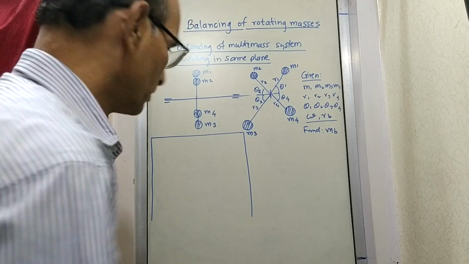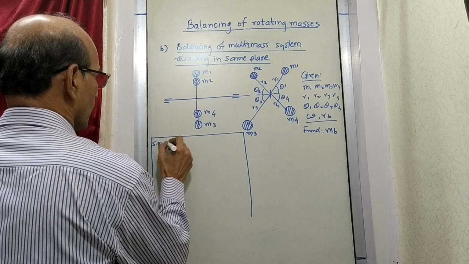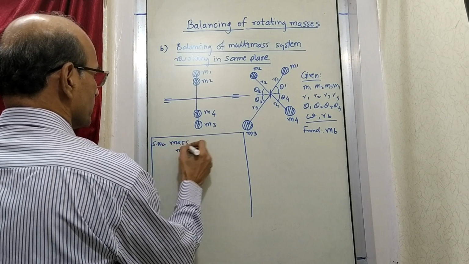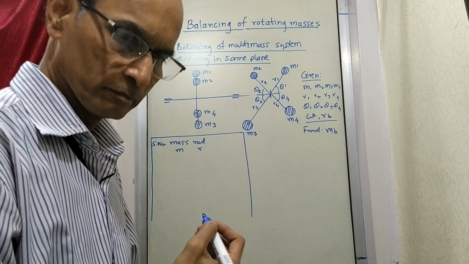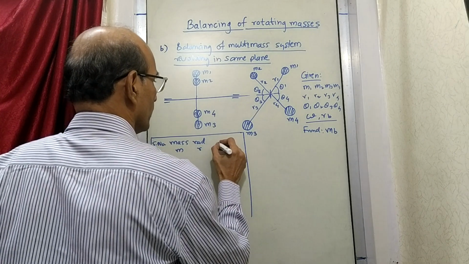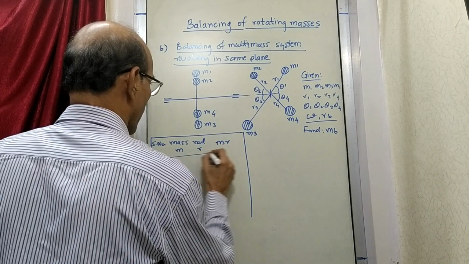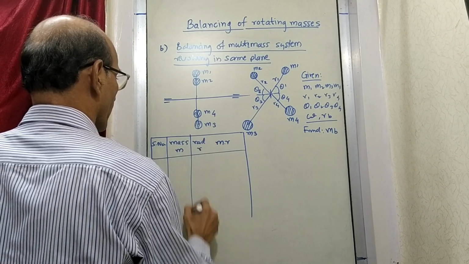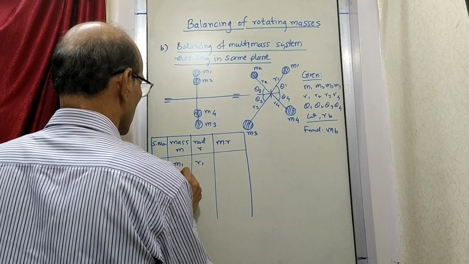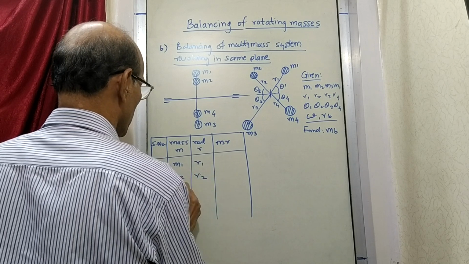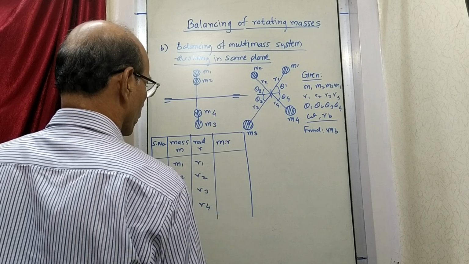In the table we write serial number, mass M, radius R, and then we write M into R: M1 R1, M2 R2, M3 R3, M4 R4.